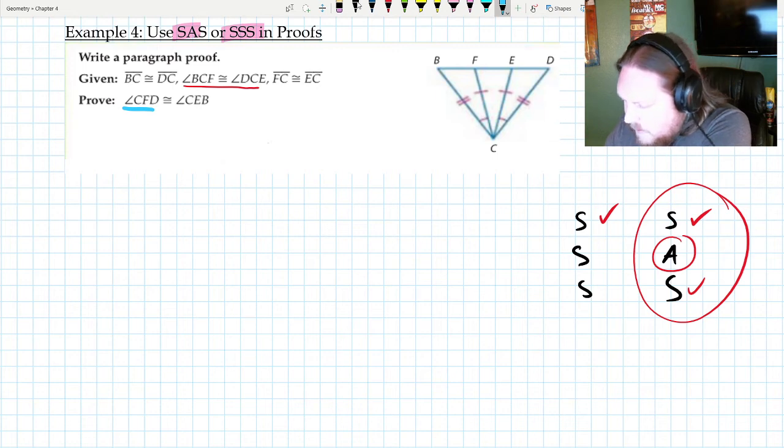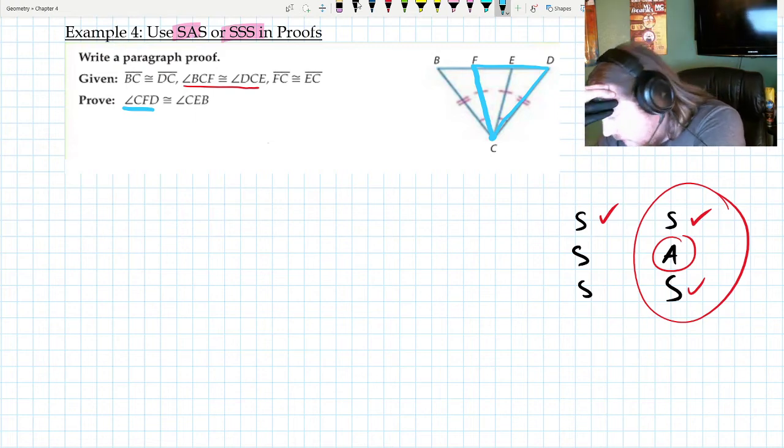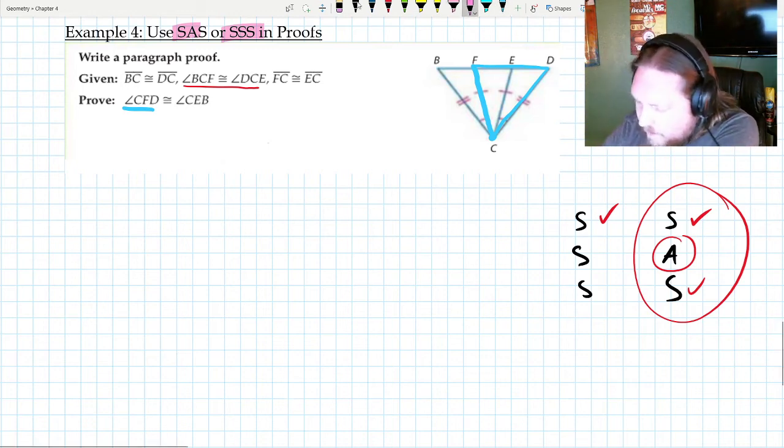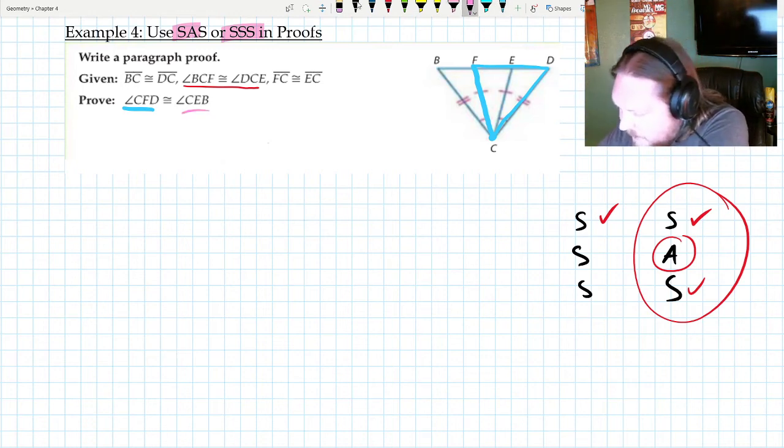C, F, D. Ooh, uh-oh. That triangle, well, I can definitely see I got the two sides there. And the other one is CEB.